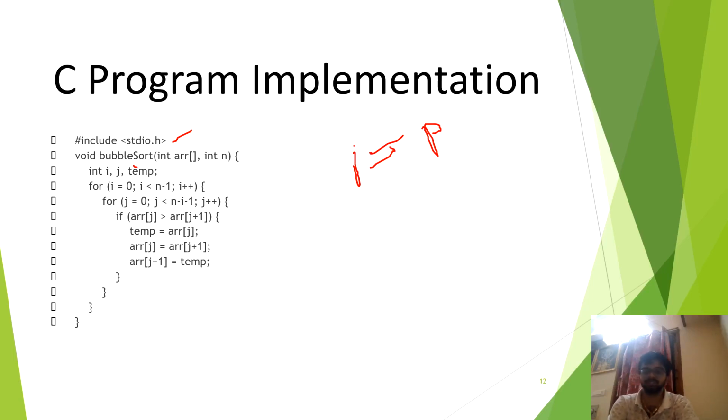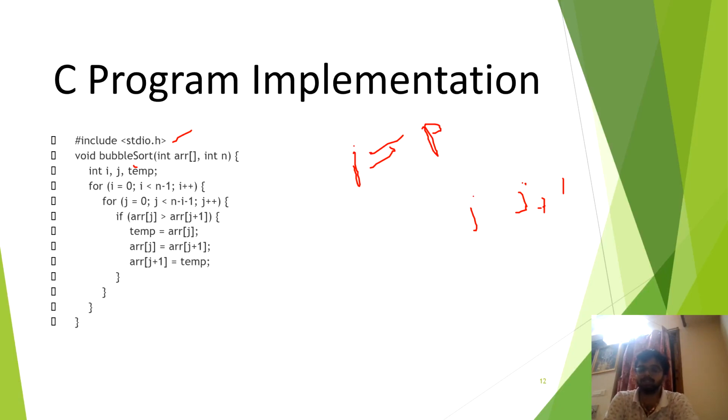This is what j is for, the element comparison, j and j plus 1. As I said, in bubble sort we compare the first two elements. If the first element is greater than the second element, we swap. So this is for comparison: if array of j is greater than array of j plus 1, then we will swap.